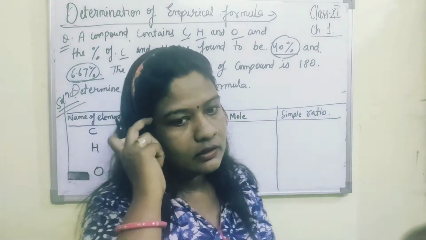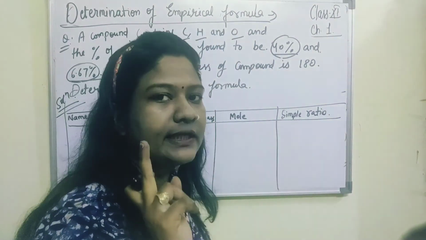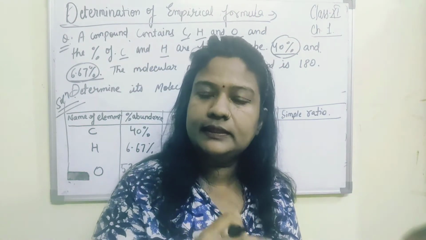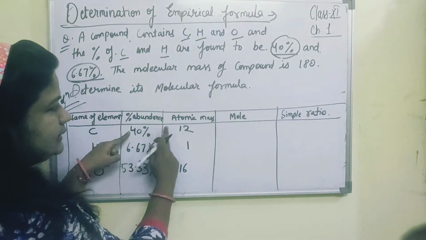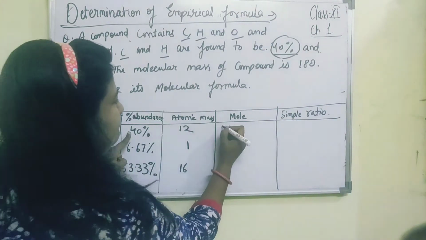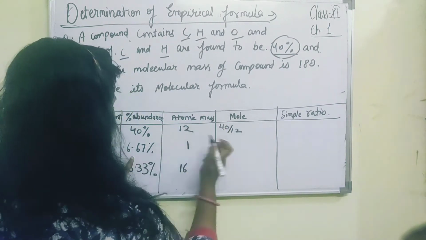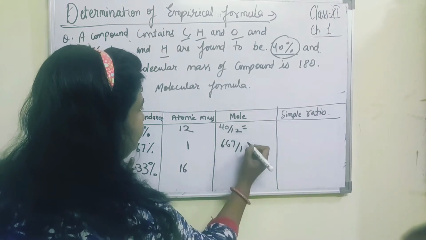Now this is the first step. First step, you have to divide. Listen carefully. You have to divide percentage abundance by its atomic mass. So 40 divided by 12 to get the mole. 6.67 divided by 1.